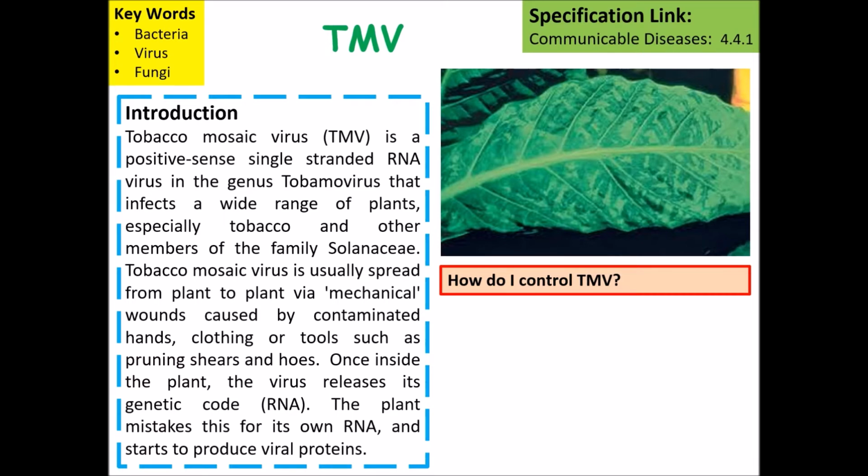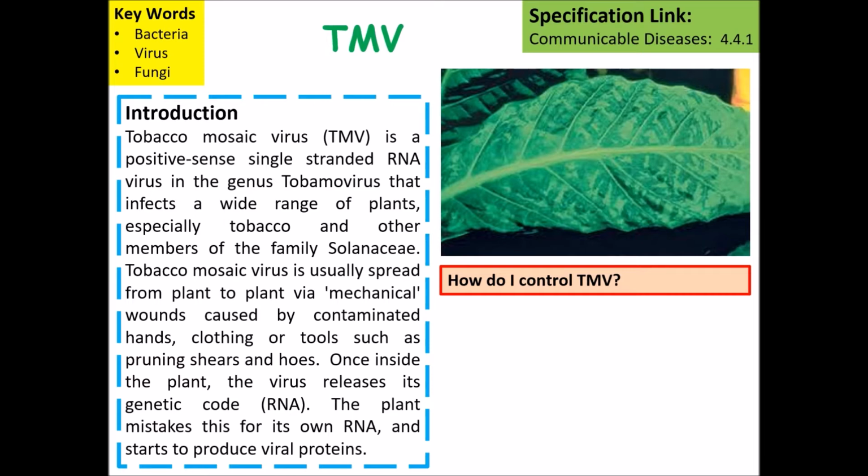It is usually spread from plant to plant via mechanical wounds caused by contaminated hands, clothing or tools such as shears or hoes. Once inside the plant, the virus releases its genetic code, the RNA. The plant mistakes this for its own RNA and starts to replicate the virus.